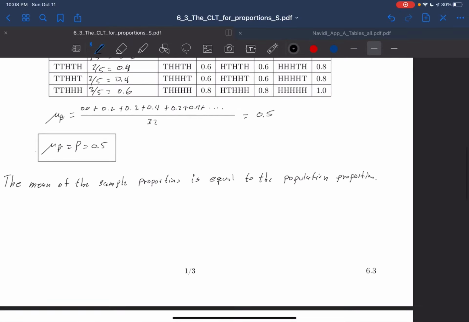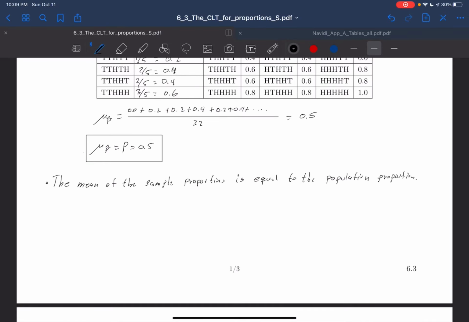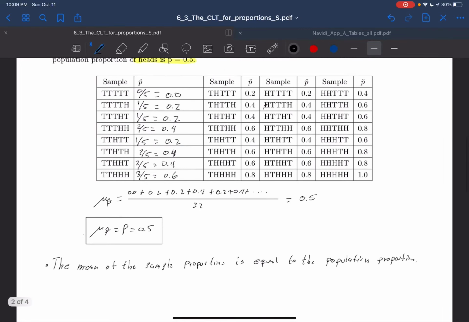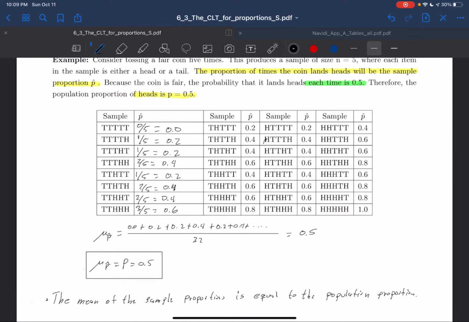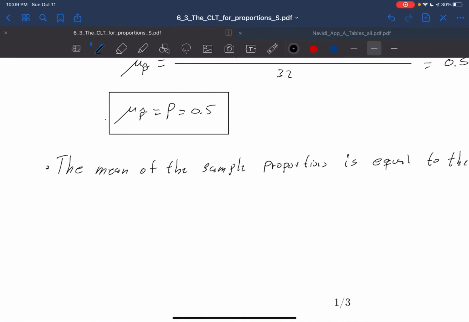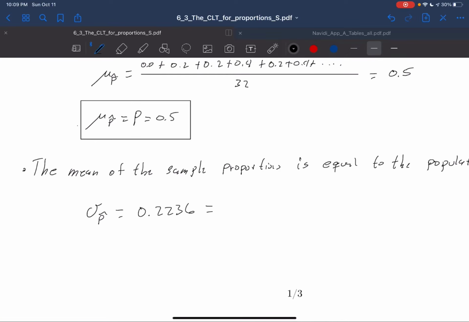All right. Next, we want to see if the standard deviation is equal to the standard deviation of our population. So what if we compute the standard deviation? It's denoted as sigma of p hat. I'm not going to go through the work, so I'm just going to tell you it's 0.2236. And this is equal to the square root of 0.5 times 1 minus 0.5 divided by 5.